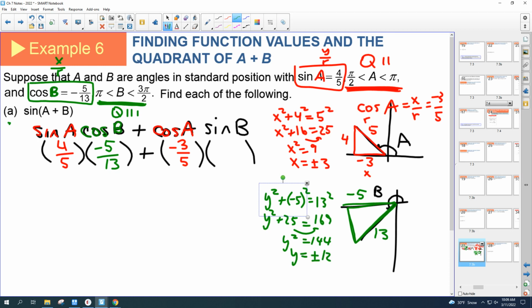Of course, since we are in the third quadrant, we know y numbers must be negative, so we're going to use a negative 12 there. That y number is negative 12, and why that's significant is because I'm trying to find the sine ratio of that angle. We know the sine ratio is y over r, so use the y number and the r number: negative 12/13.